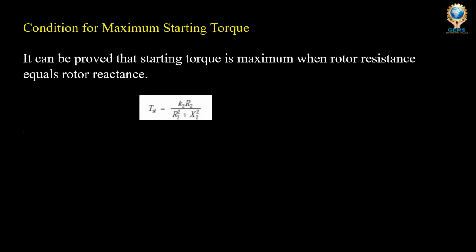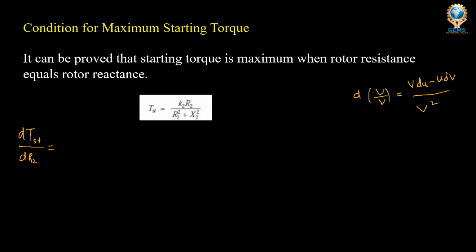Now we are going to derive this. First we will take the starting torque, and then differentiate with respect to R2. Here this is like the UV method. You know that formula: V du minus U dV divided by V square.